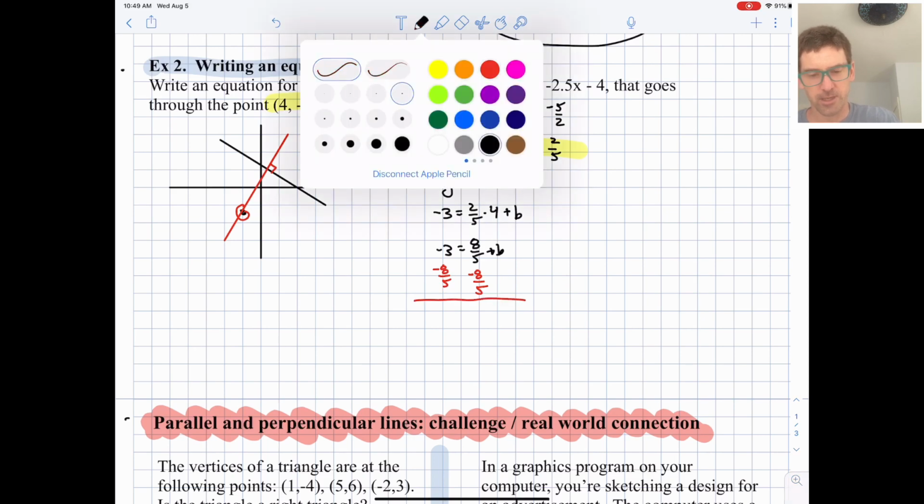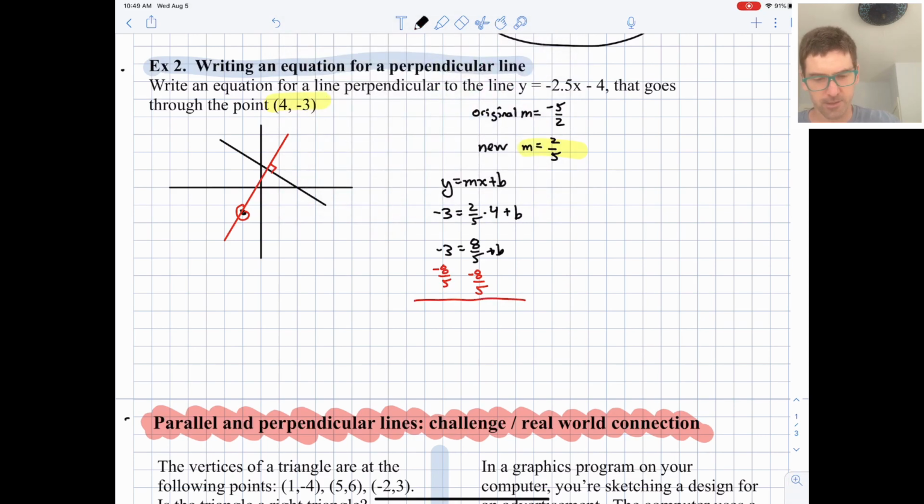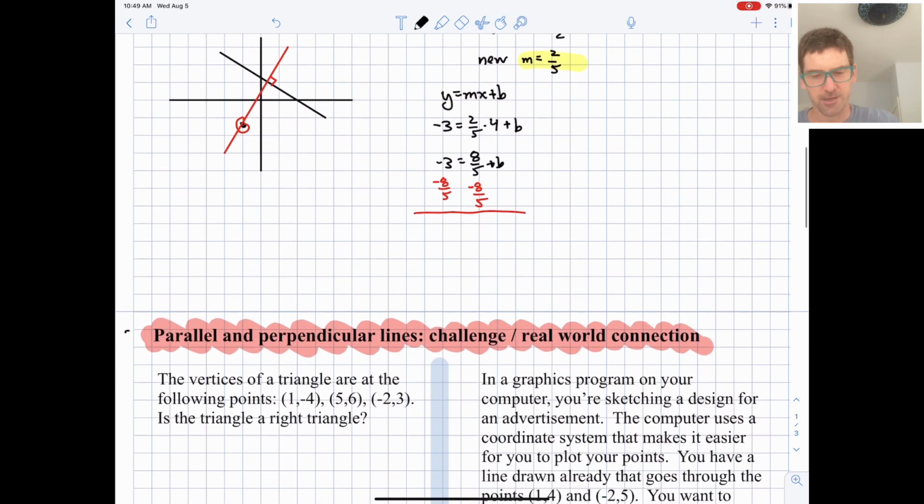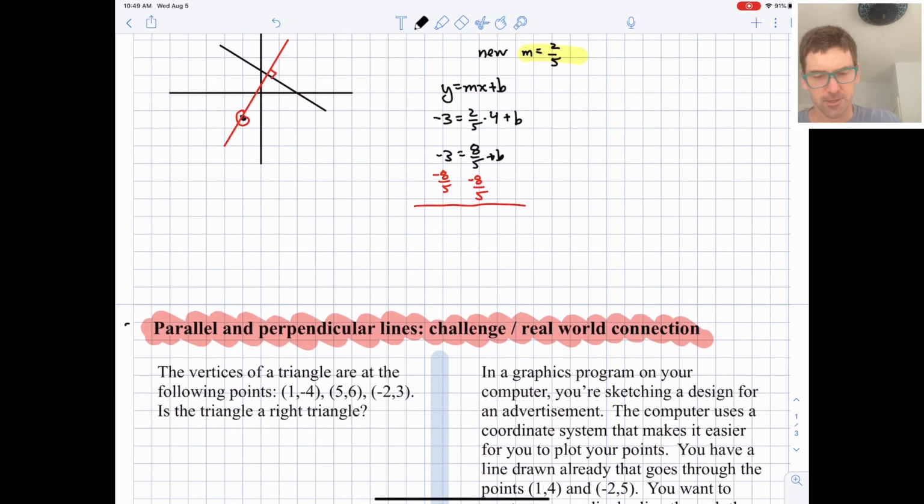And let's see where we get here. Let's get a common denominator. So we have a negative 15/5. That's what negative 3 is. This negative 3 turns into negative 15/5 minus 8/5 equals b. So b is a negative 23/5.